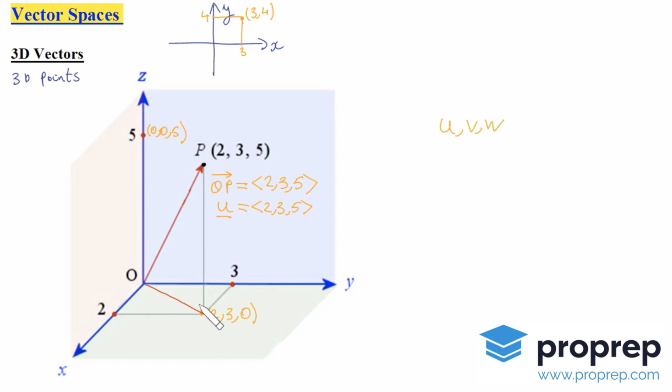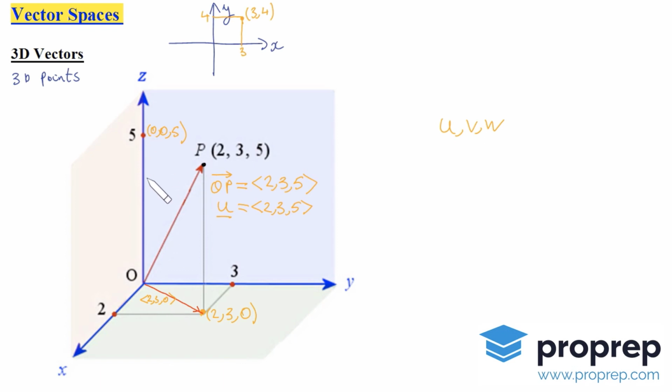And let's take another example. Draw the line from the origin to that point and put a little arrow at the end. And this is now the corresponding vector, and as a vector we write it as 2, 3, 0, the same numbers but with a different kind of brackets.